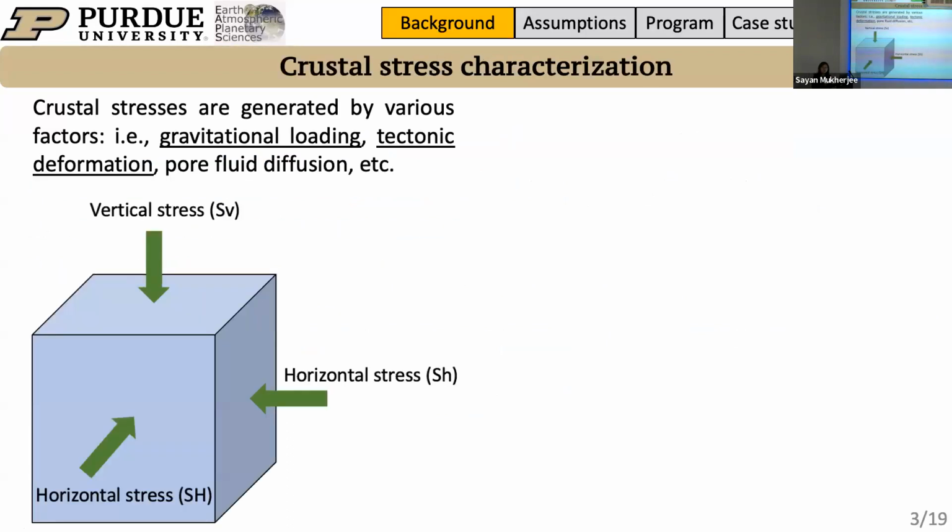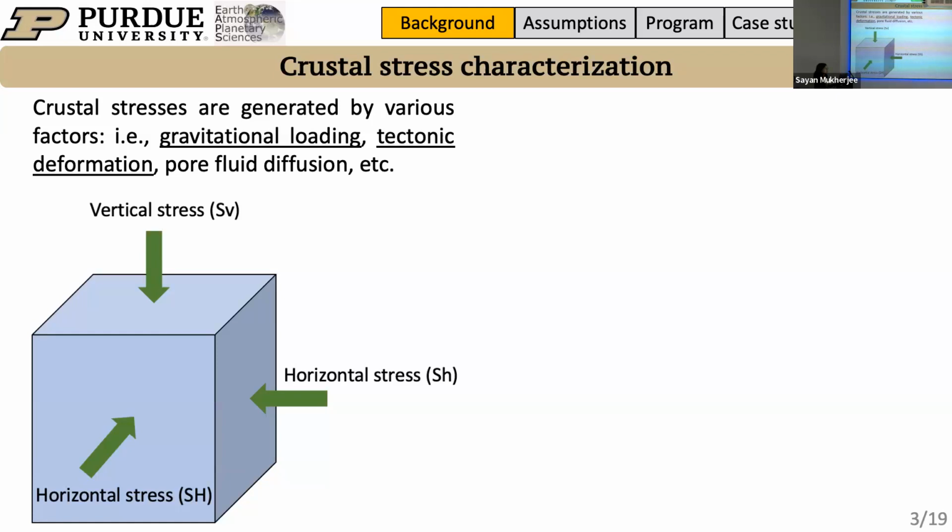When we talk about stress characterization, we normally simplify it into three principal stresses. The first is vertical stress, which is caused by gravitational loading, and the next two are horizontal stresses, which we call the maximum horizontal stress and the minimum horizontal stress.